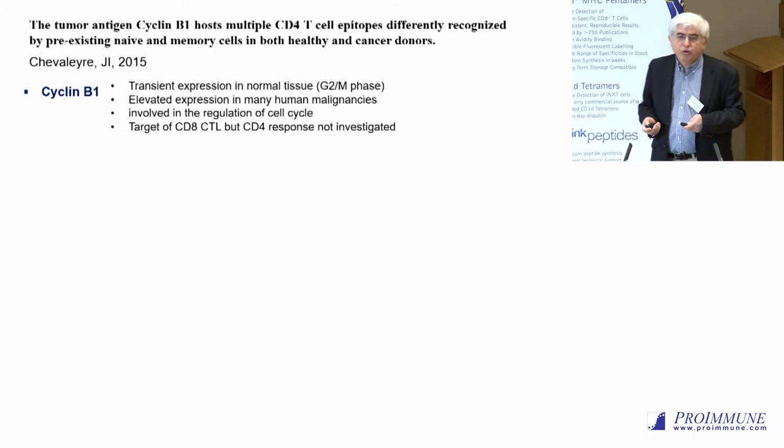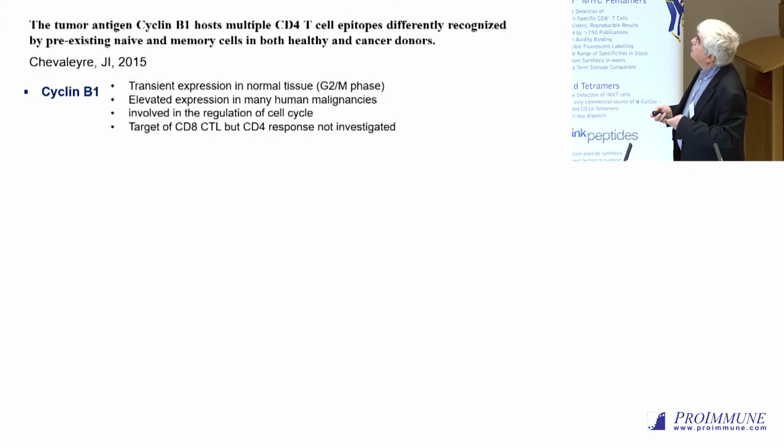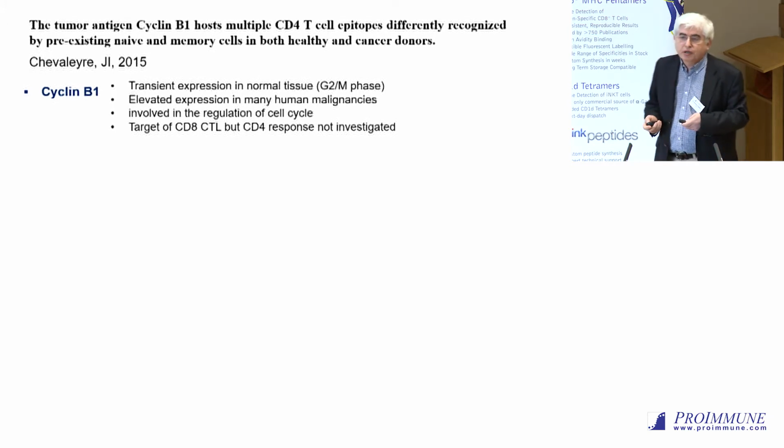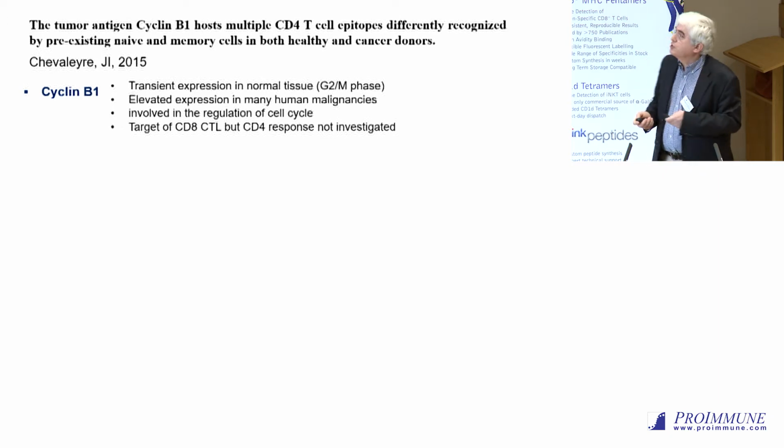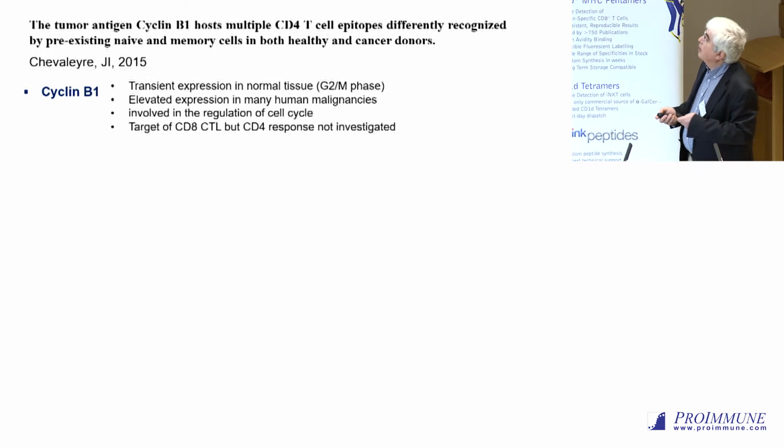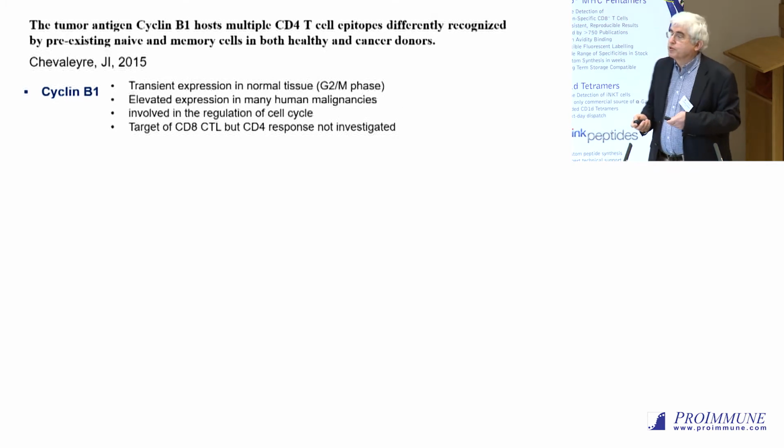In my lab, we are also very interested in tumor antigens. And we especially are interested in proteins that are transiently expressed in normal tissue, and this is the case of cyclin B1, but are expressed at a high level in the tumor cells.